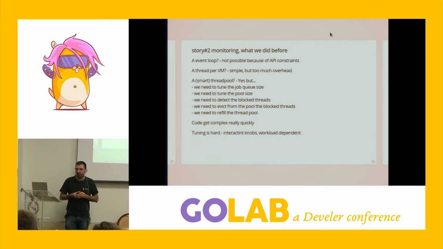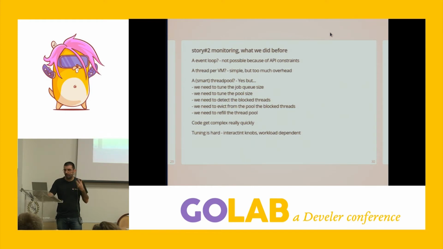So again, the most common solution is a thread pool, but managing those kinds of issues with a thread pool gets hard really fast, because you cannot afford to have one misbehaving VM block the entire thread pool. You need, for example, to deal with blocked threads in your thread pool, to replace blocked threads, to have deadlines, timeouts. It's not rocket science, but it is hard to do properly and hard to tune.